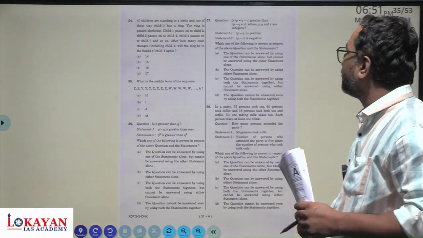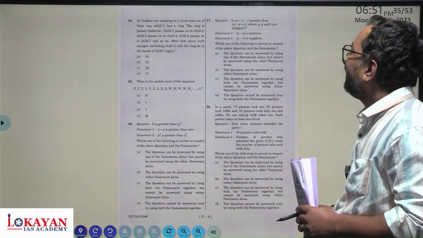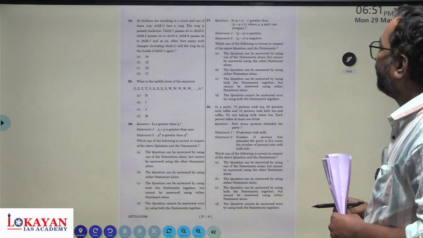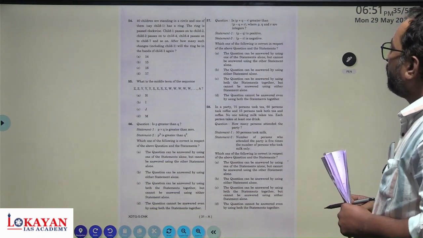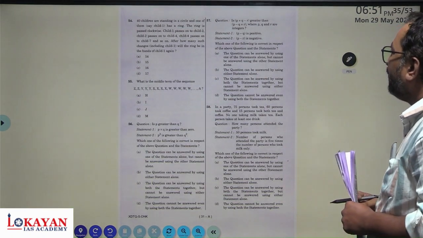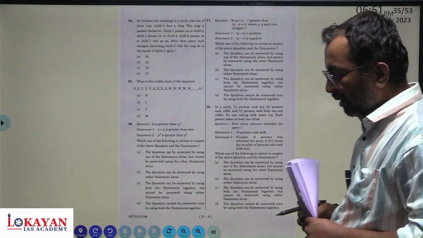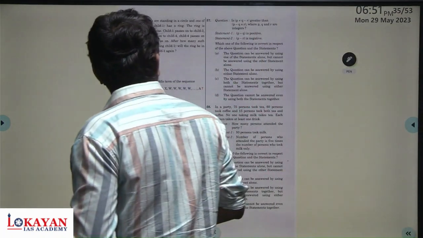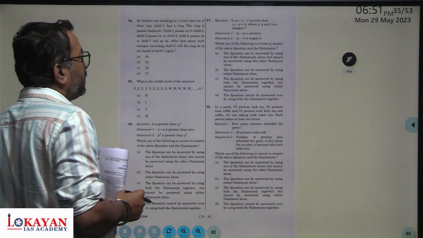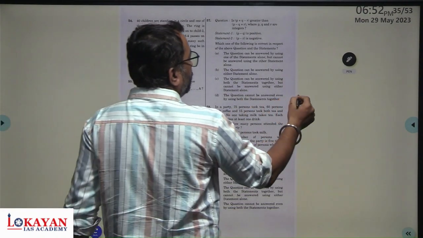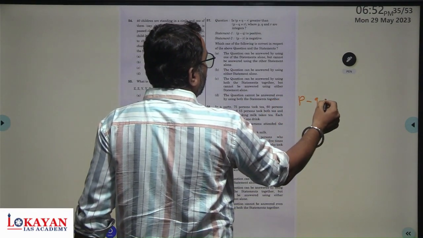So question number 57. Is P plus Q minus R greater than P minus Q plus R, where P, Q and R are integers? Now statement 1 says P minus Q is positive.